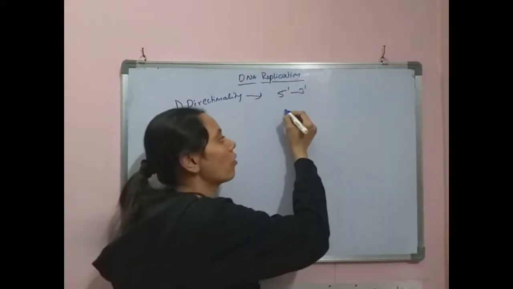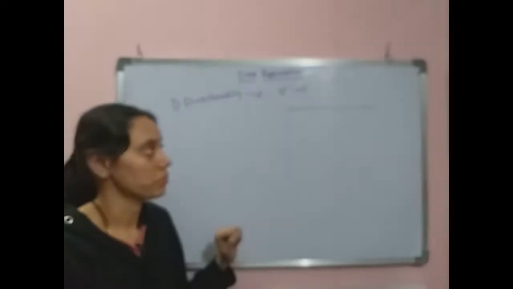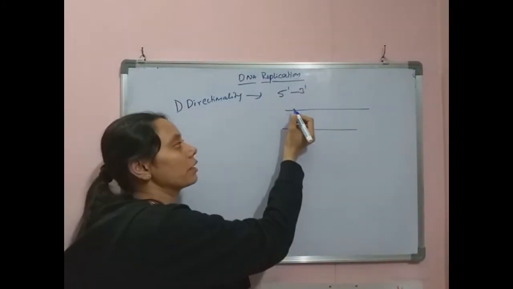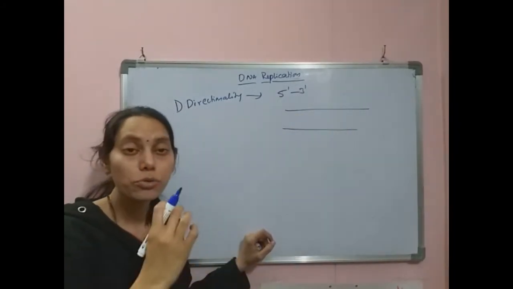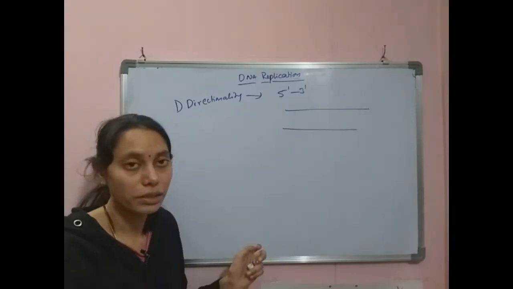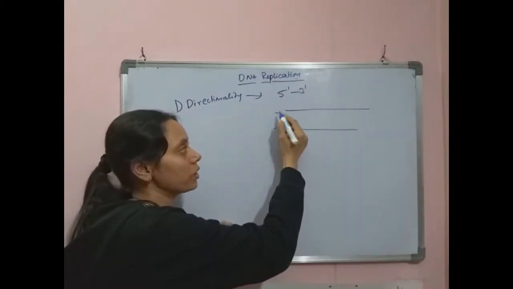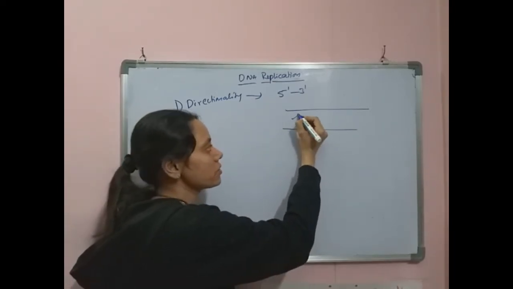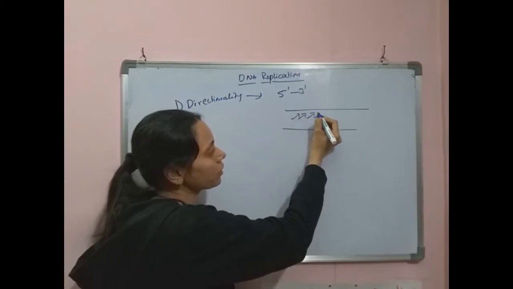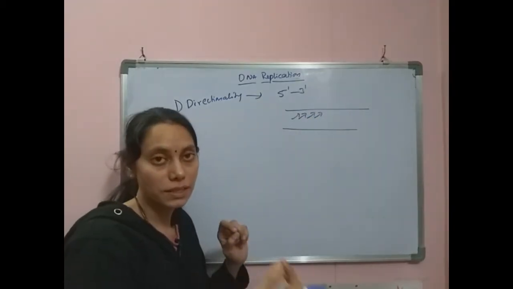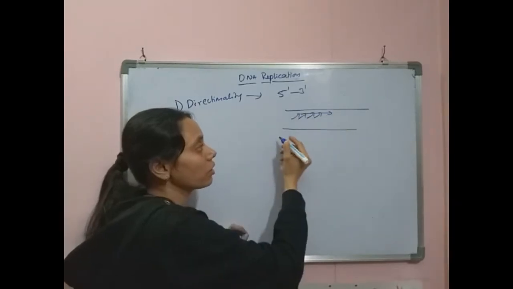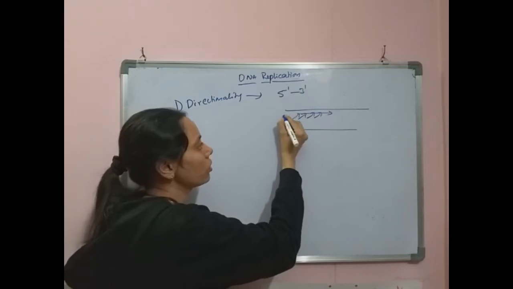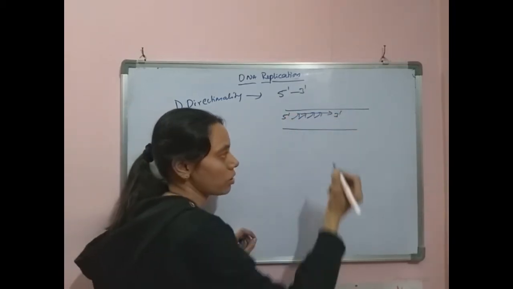That means, on a template, the two strands of the DNA are generally separated, and each strand acts as a template, and newly added nucleotides grow the newly synthesizing DNA strand, the complementary strand, but in a single direction called the 5' to 3' direction.